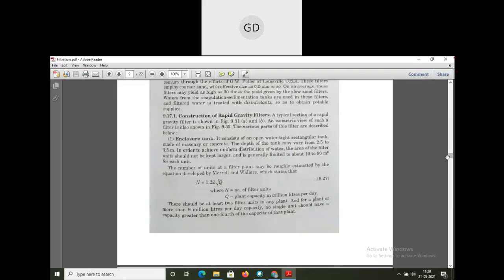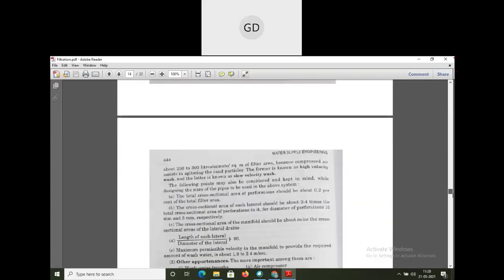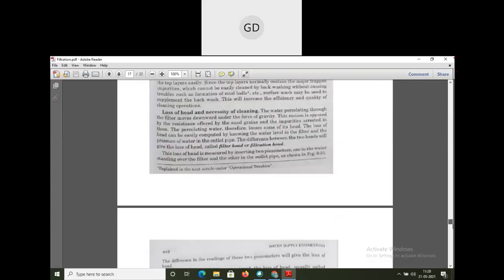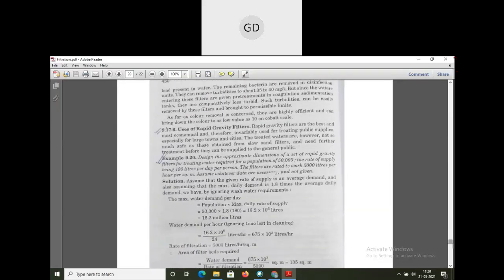So now skipping this part, I will go to the use of the rapid gravity filters. Rapid gravity filters are used in very large towns and cities for treating public supplies. As I already told you, slow sand filters give the most accurate result.